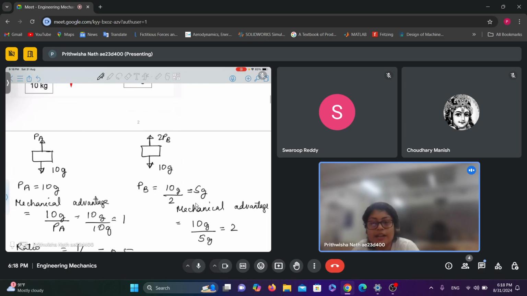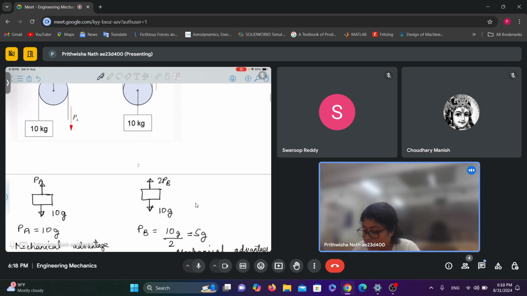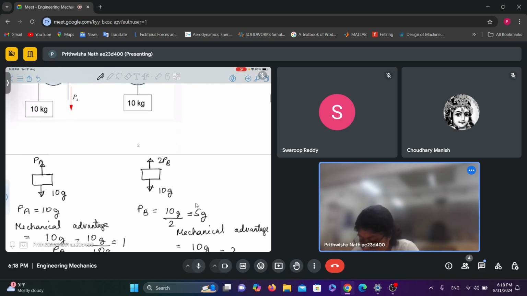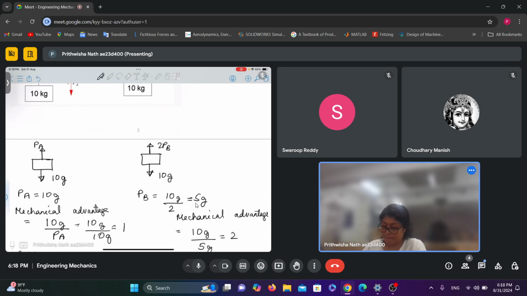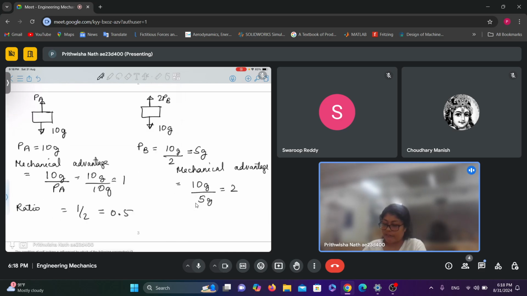So mechanical advantage is 10G by PA, which is 1. And for the second case, case B, 10G equals 2 PB. From there we get PB is 5G. So the mechanical advantage for this second case is 2, and the ratio between the two systems is half.